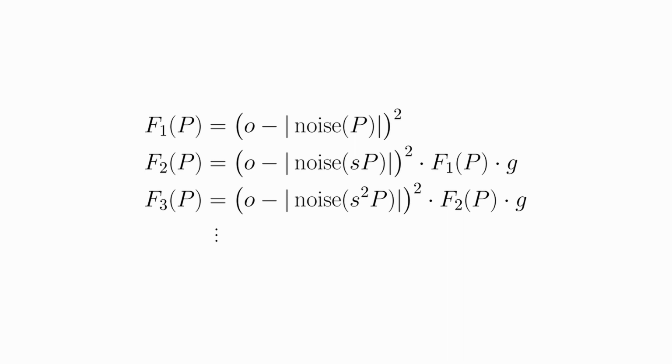Every consecutive element of this sequence is defined in a similar way. It has noise with a frequency scaled by a power of S. When we take the absolute value of this noise, we subtract it from O, we square it, but then we multiply it by the previous element of this sequence. So this is a kind of recursion.